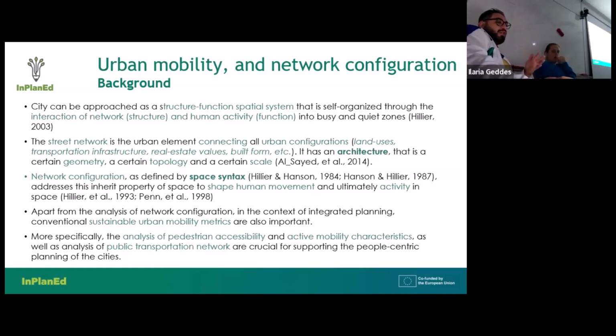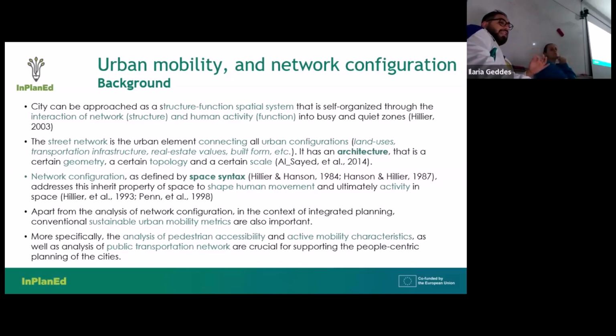Apart from the analysis of the configuration, in the context of integrated planning, conventional sustainability metrics are also important. More specifically, the analysis of pedestrian accessibility and active mobility characteristics, as well as the analysis of the public transportation network, are crucial for supporting a people-centric plan of the city.